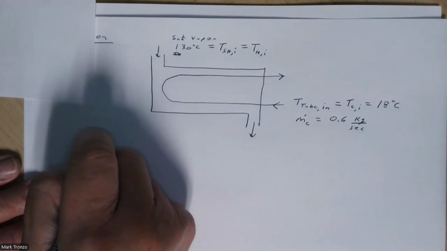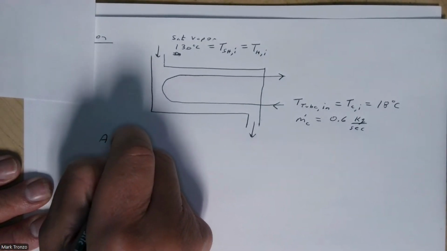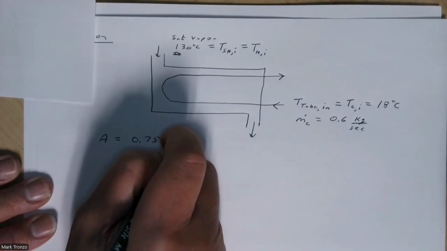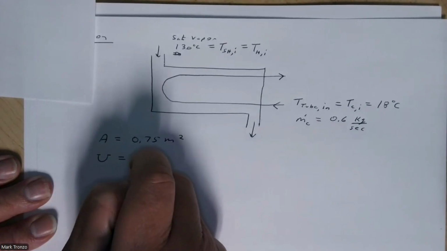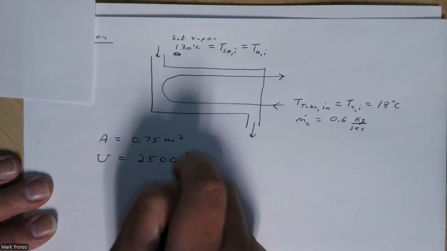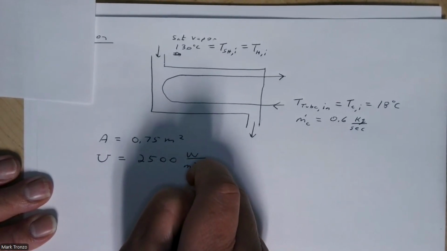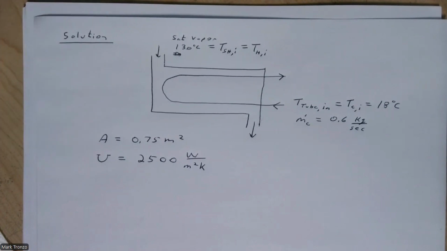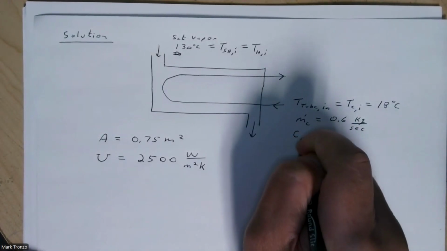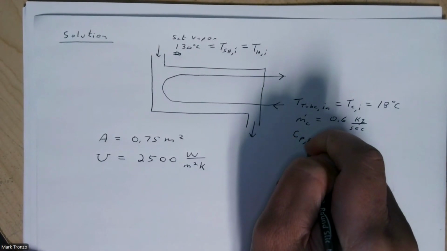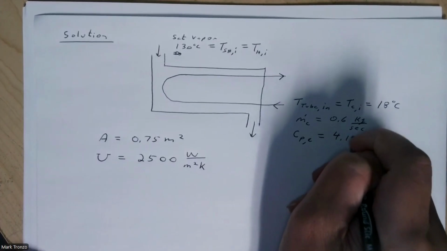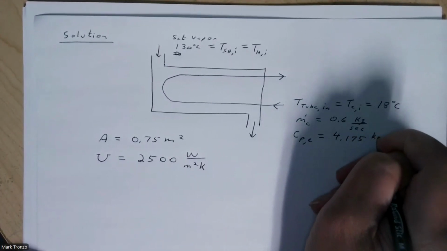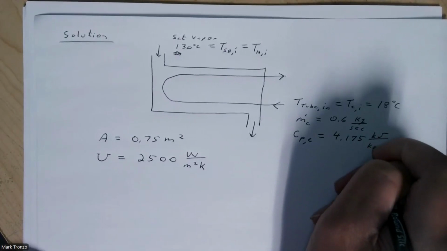And we're told that the tube area is 0.75 meters squared. The overall heat transfer coefficient is 2,500 watts per meters squared K. And also, I looked up ahead of time in the back of the book for water. The heat capacity for the water is 4.175 kilojoules per kilogram K because we're going to need that.